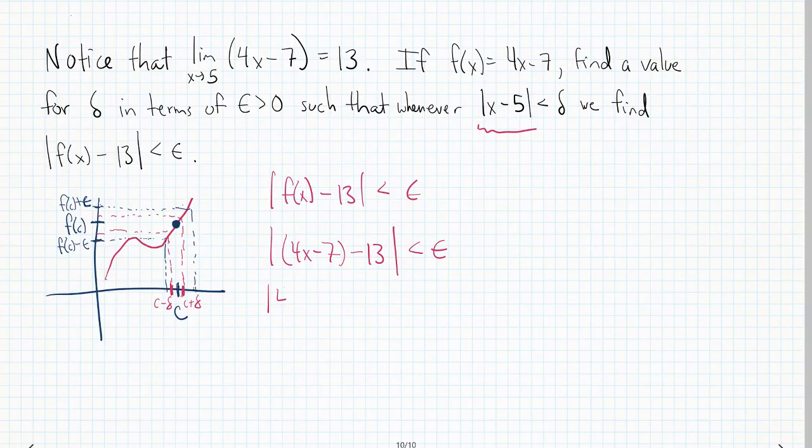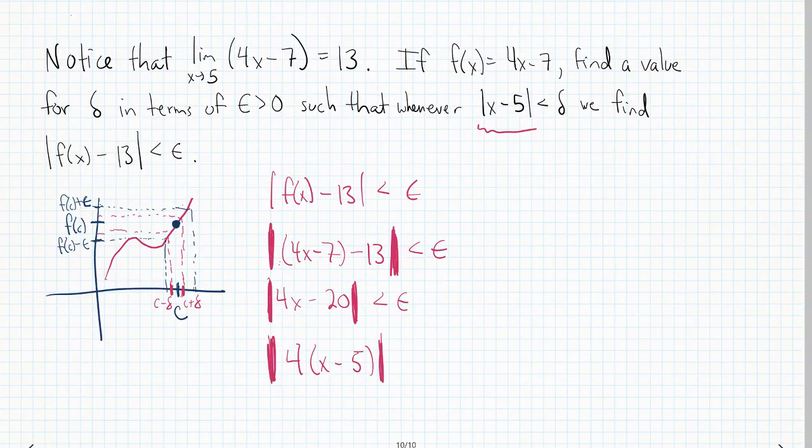Well, yeah, it's not that bad. You get 4x minus 20 is less than epsilon, and don't let your eyes fool you, that's an absolute value of 4x minus 20. So the absolute value of 4 times the quantity x minus 5 is less than epsilon.